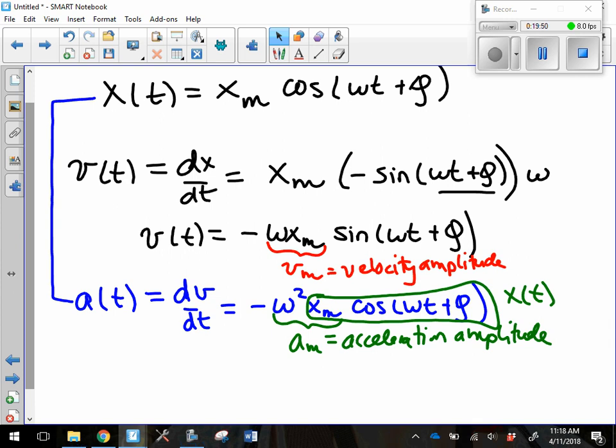V of t is negative xm omega sine omega t plus phi, and a of t is negative xm omega squared cosine omega t plus phi. And I think to make our lives easier, we're just going to assume that phi is equal to 0.